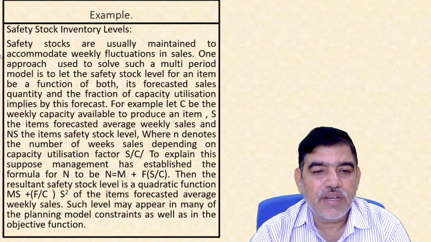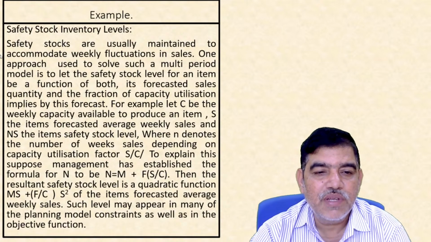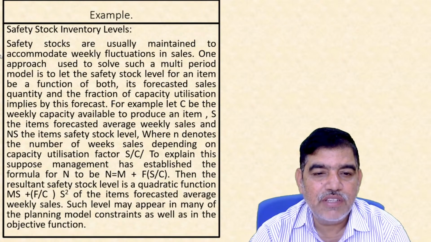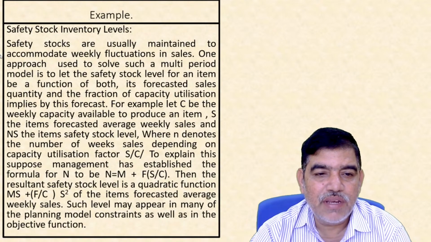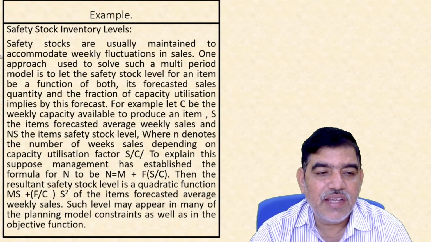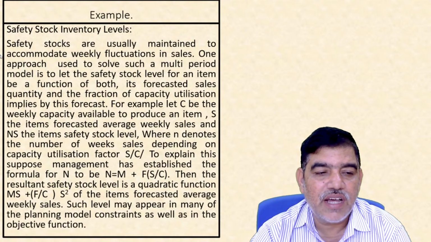Let us consider an example here. Let C be the weekly capacity available to produce an item or any product. S, the item's forecasted average weekly sales, and NS, the item's safety stock level, where N denotes the number of weeks of sales depending on the capacity utilization factor.